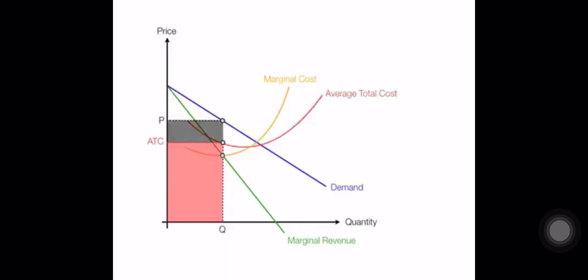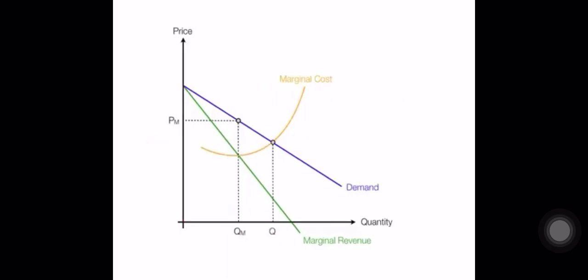Okay. Moving on. Now, we are being shown here another intersection, the intersection of the demand curve and the marginal cost curve. So, notice that at that point, price is lower than the monopolist price and quantity is more than the monopolist quantity.